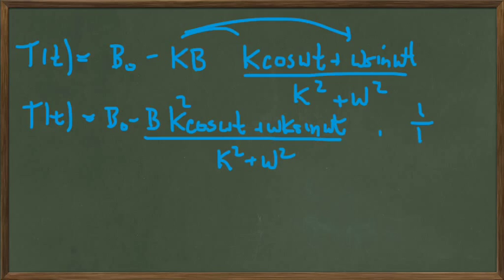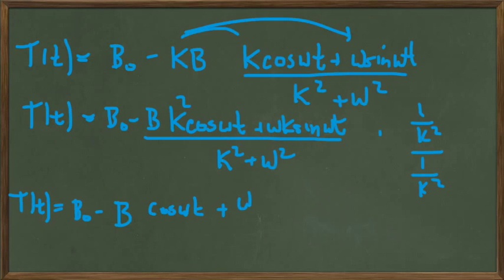So now let's multiply by 1 over k squared, and that gives us T of t equals b0 minus b times cosine omega t plus omega over k sine omega t, divided by 1 plus omega over k quantity squared.